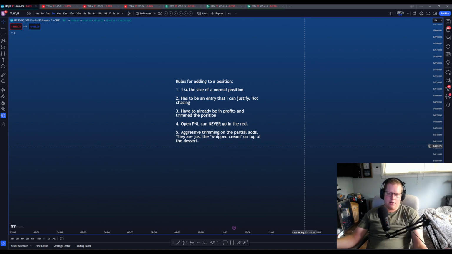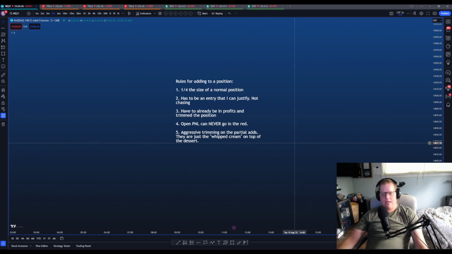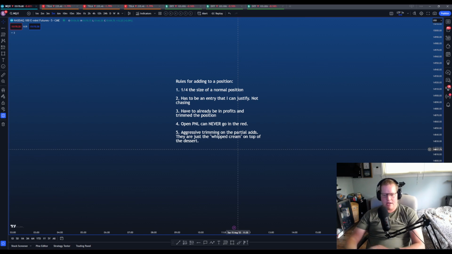So I'll go up to 2 or 3 minis, but down to 5 micros, depending on how wide the stop loss is. It really just depends. The normal position size is about 10 to 15, and I'll go with an add-in of about 5 micros consistently.